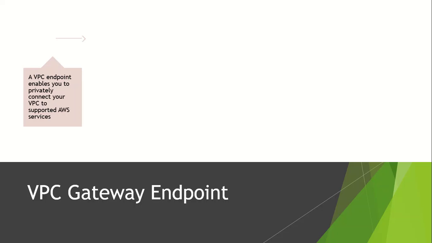When it comes to other AWS services like S3, DynamoDB, if my private instance needs to consume those services with a NAT gateway kind of an arrangement, the traffic has to traverse through the NAT gateway to the internet and come back to the AWS services.